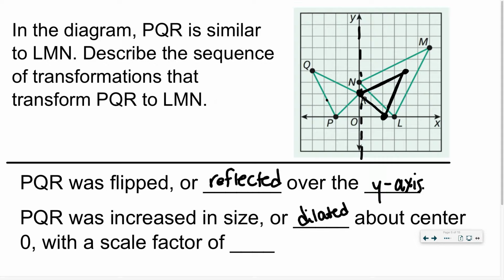Well, we multiplied by 2 in that example because the scale factor was a 2. What were we multiplying though? The scale. So we multiplied our scale factor by the coordinates. So if I know the coordinates of the original and the new, do you think I can figure out what I multiply by? Yeah.